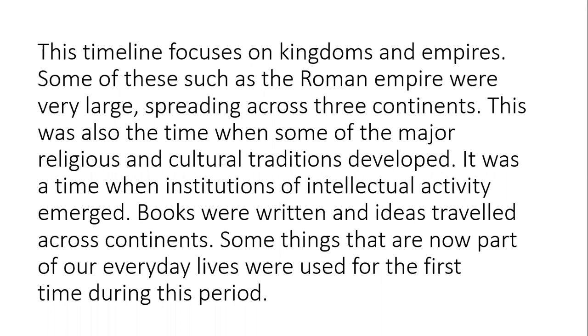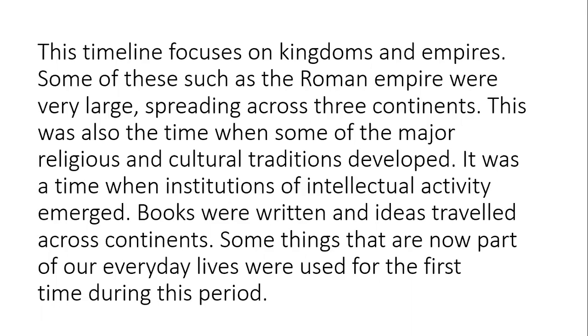The timeline of this chapter focuses on kingdoms and empires. Some of these, such as the Roman Empire, were very large. They spread across approximately 3 continents. This was also the time when major religious and cultural traditions developed.